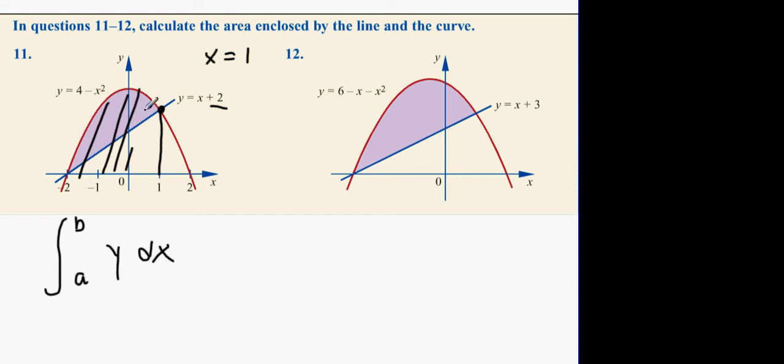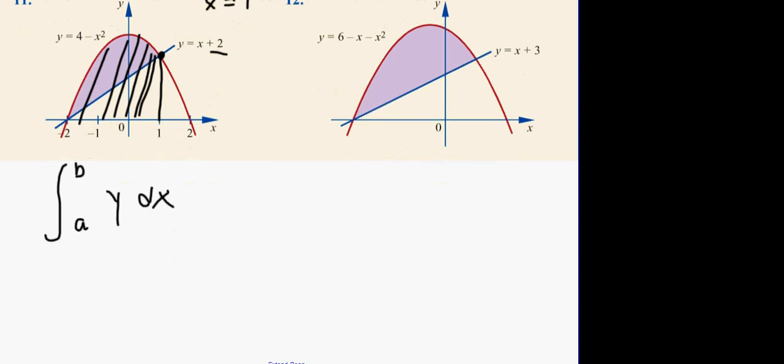See the full thing? See the shaded region? I'm going to find the area of that first. The area of that is going to be the integral from, which is the higher value, minus 2 or 1? 1. So it's going to be the integral from minus 2 to 1 of y, which is 4 minus x squared, dx. That finds the area of this region here.